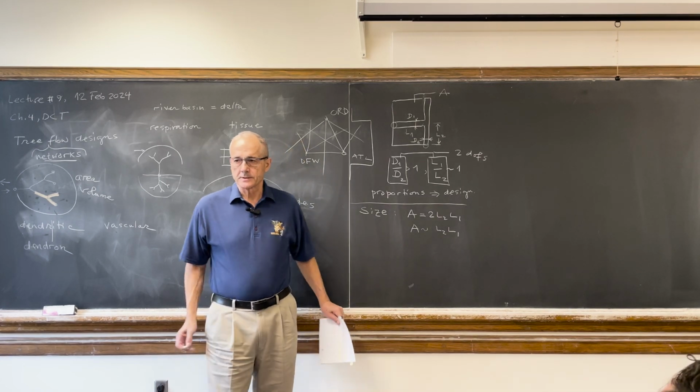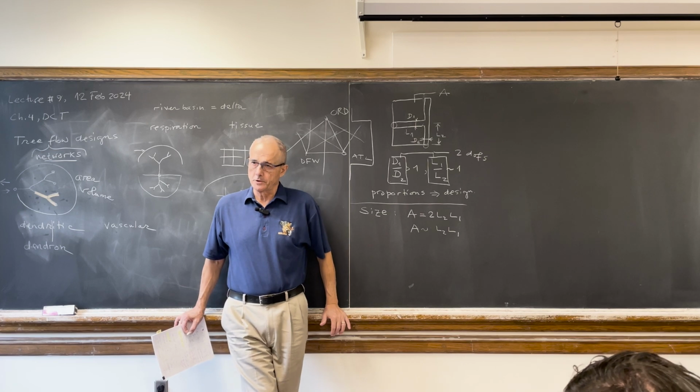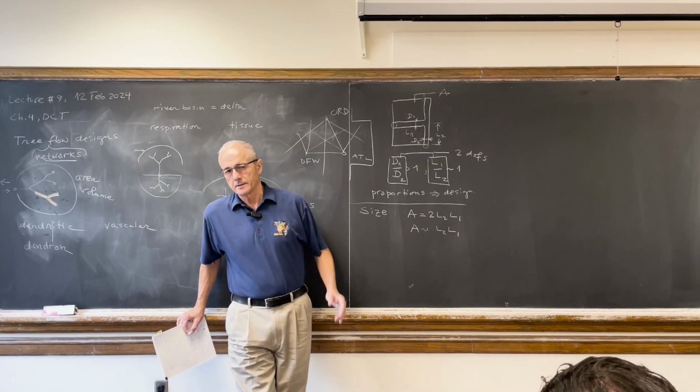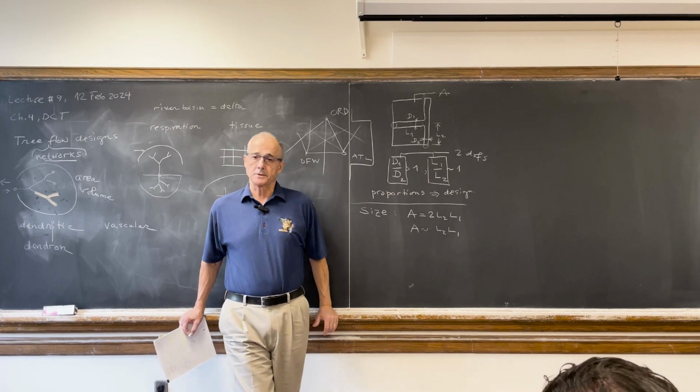The other size that's sketched here is the volume, the flow volume. For example, the volume of the blood that flows through this bifurcation.